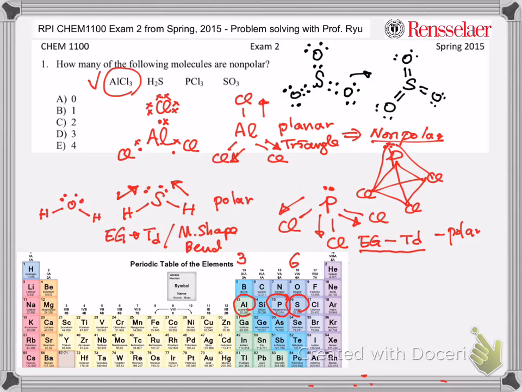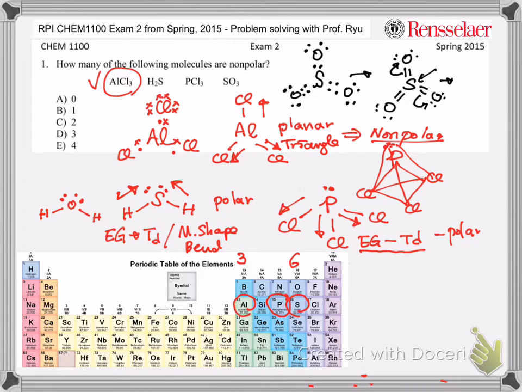In this case, the central sulfur has too many electrons. So instead of sharing, they can form a single bond, and the bond is completely donated to the oxygen, and this one too.